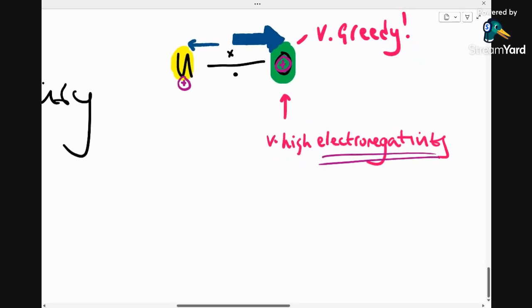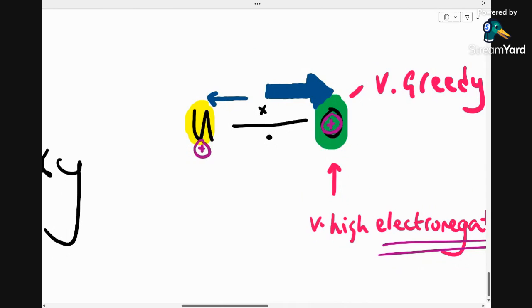And of course, what this means is if we're going to draw this accurately, if I get rid of these two here, we would actually put the electrons in this single covalent bond much closer to the oxygen. The electrons are going to be spending the majority of their time in the middle here in pink, closer to the oxygen atom than the hydrogen.